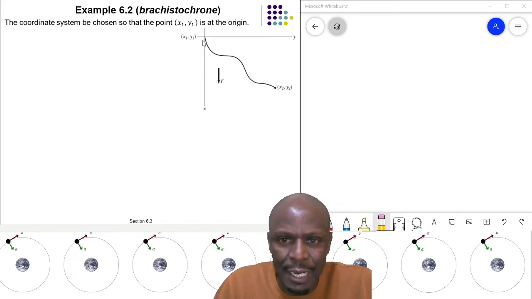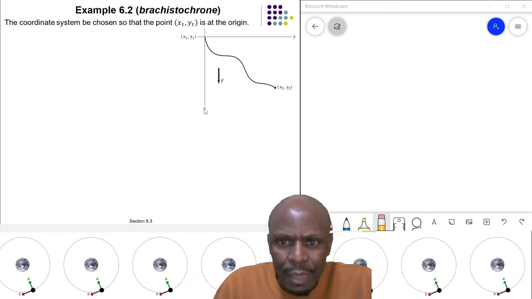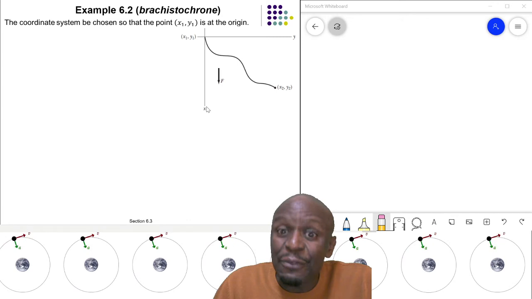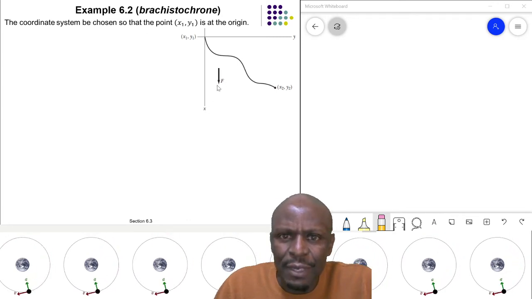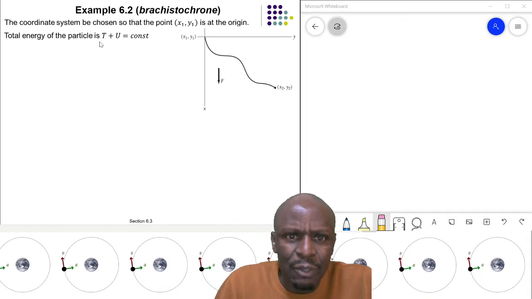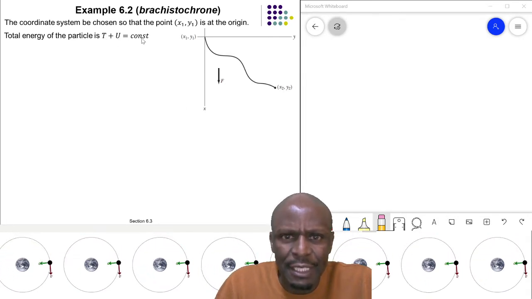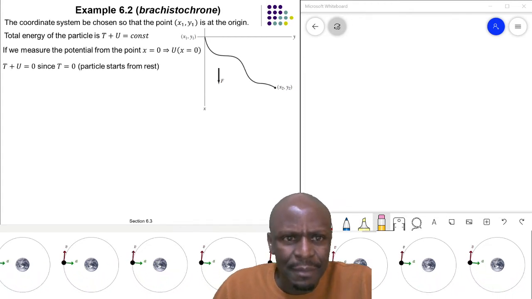Now, if we ignore the friction, therefore this field is conservative. If the field is conservative, then the total energy of the particle, the kinetic plus the potential energy, is constant.